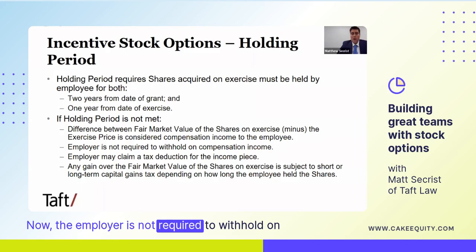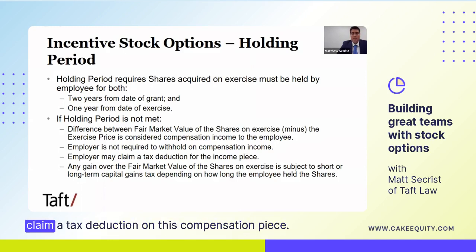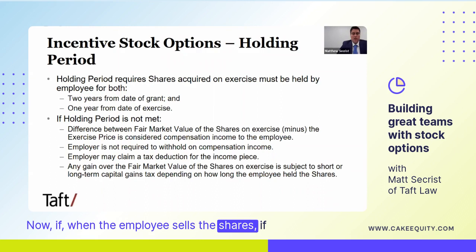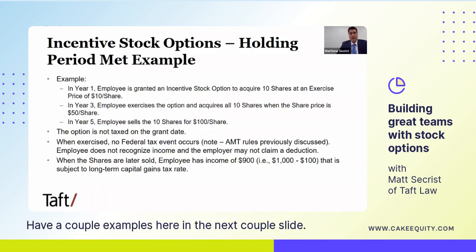Now, the employer is not required to withhold on the compensation income, and the employer may claim a tax deduction on this compensation piece. Now, when the employee sells the shares, if there's any gain above the fair market value on the date of exercise, that gain will be subject to either short or long-term capital gains tax, depending how long the employee held the shares. I have a couple examples here in the next couple slides.